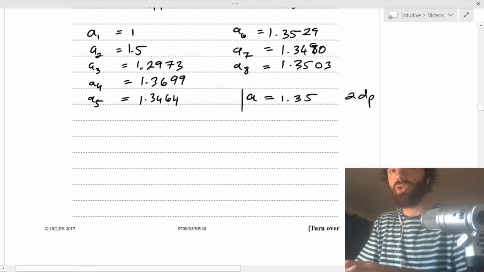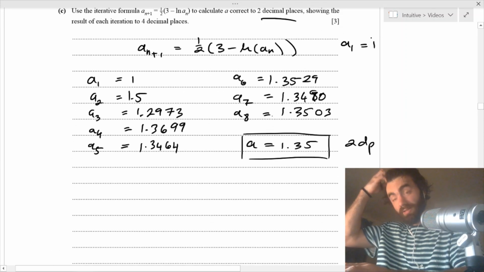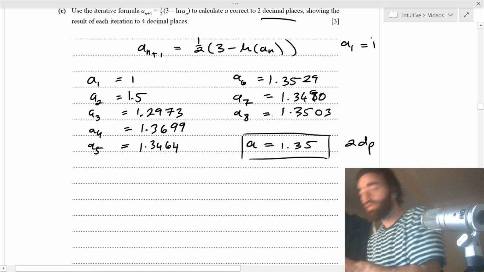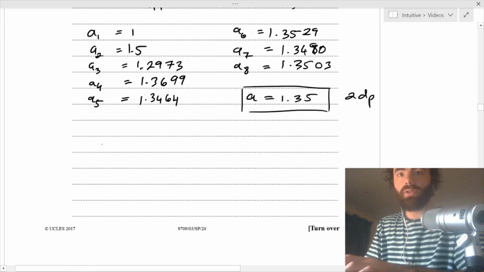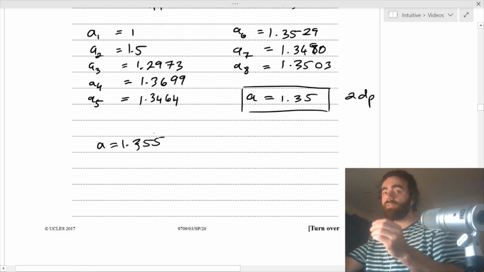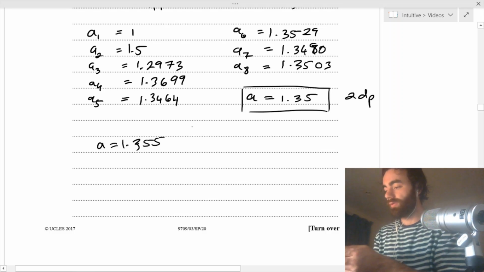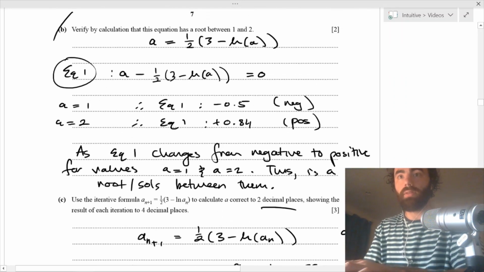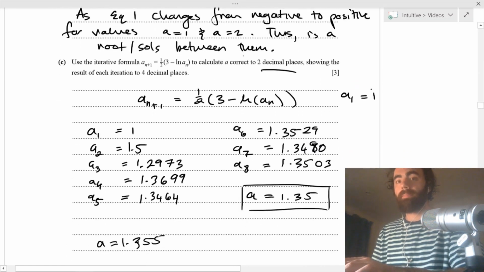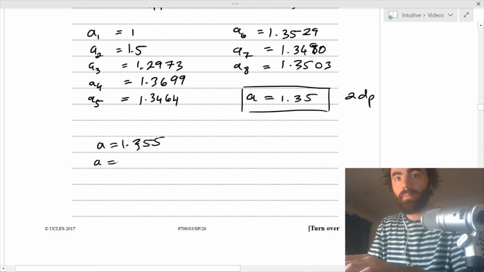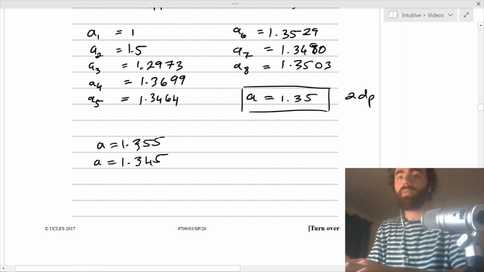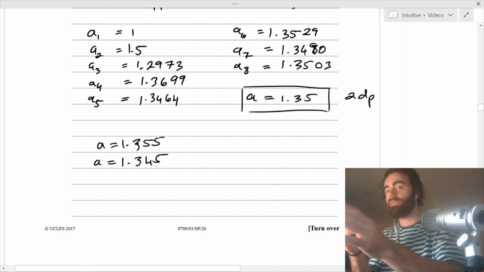And if you want to be super stringent about it, you could check a equal to 1.355, just half above, and a little bit below, 1.345. If you plug those into this formula, equation 1, one should be positive and one should be negative.